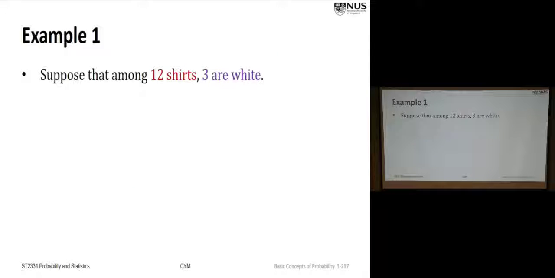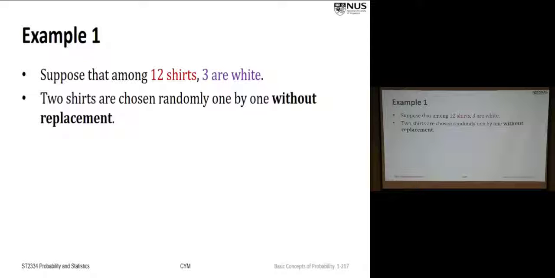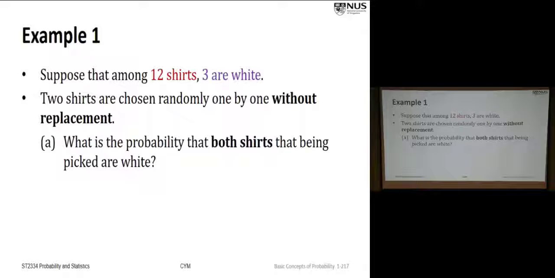So here is an example. I have 12 shirts, 3 are white, and I take out 2 shirts, one by one, without replacement. This may be easier to work on using conditional probability. We are asked, what's the chance that both shirts are white?